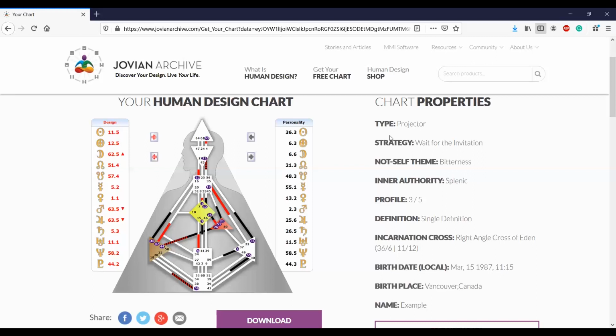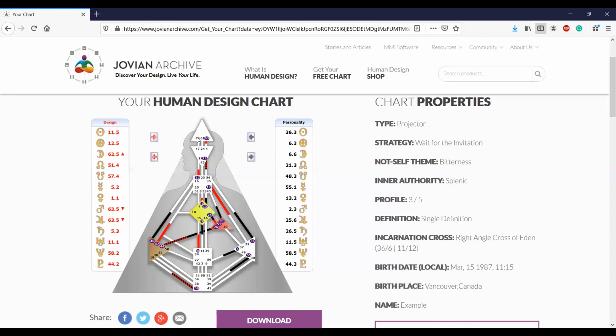Okay, the next important thing is strategy. And then authority. And I'll speak about those in a second. Then this part here on the left is called a body map or body chart, where you can see we have 9 centers and 64 gates.